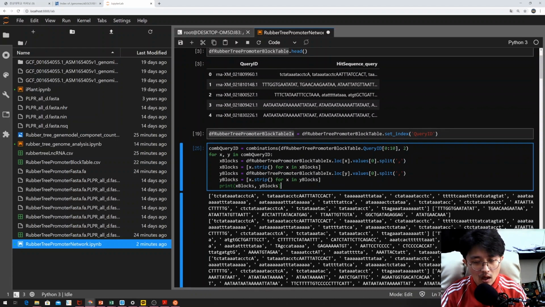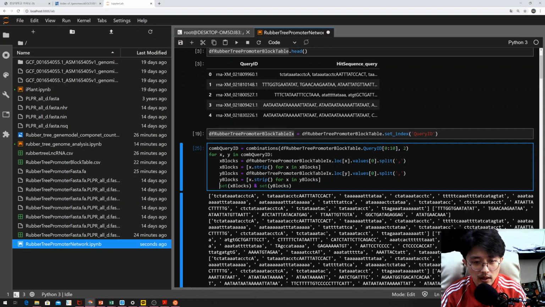Then how do you calculate certain overlapping of x and y? So I want to check if there is overlapping or not, right? Then you can set these x blocks and set y blocks.